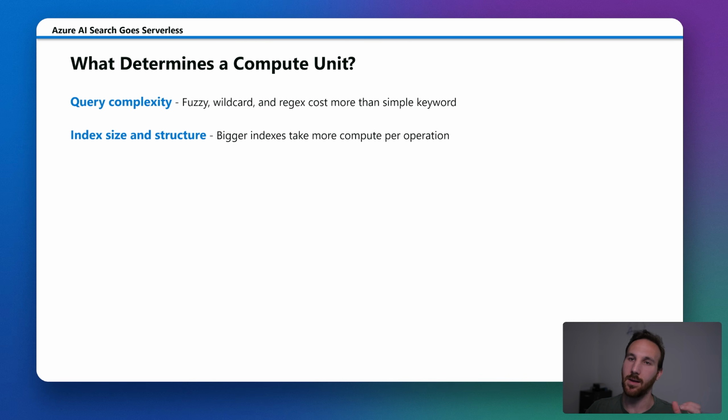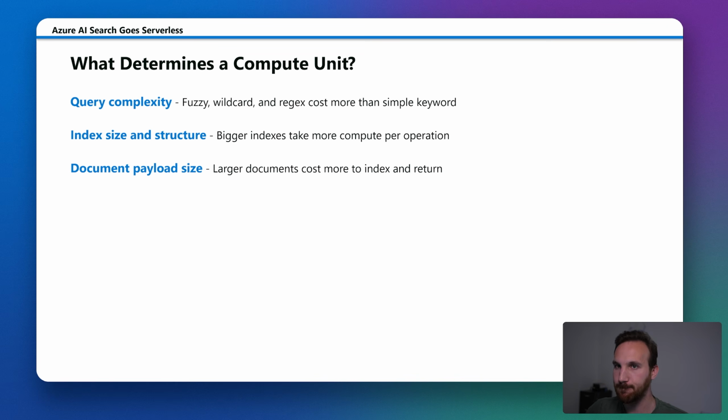The more complicated your index, the more complex your compute query will be. What's your document payload size you're trying to retrieve? Are you calling AI search for an AI agent and just trying to retrieve a couple documents, or a ton of documents? That is also going to play a factor.